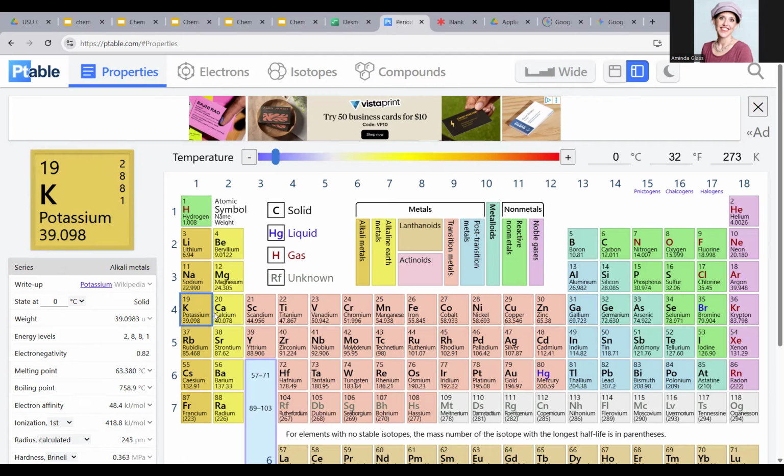If we look at potassium and we have 39.098 grams of potassium, that means we have 1 mole of potassium. So the molar mass is just the mass in 1 mole for that particular atom. So that mass is the mass found on the periodic table. Sodium, 22.990 grams in 1 mole. That's the molar mass.